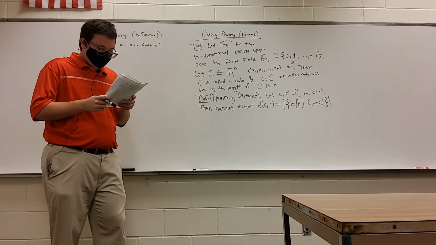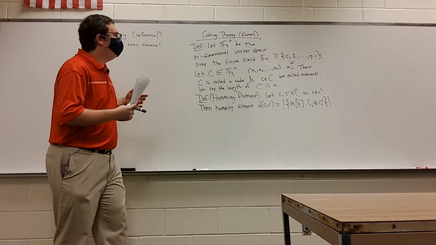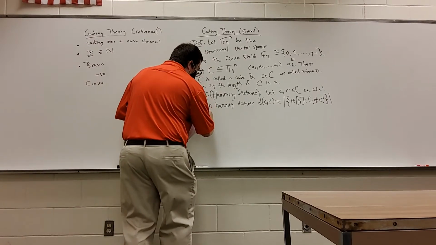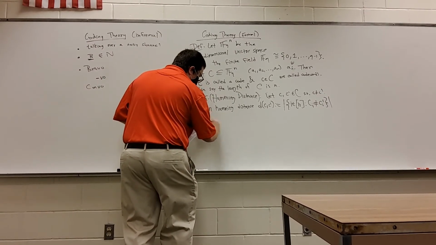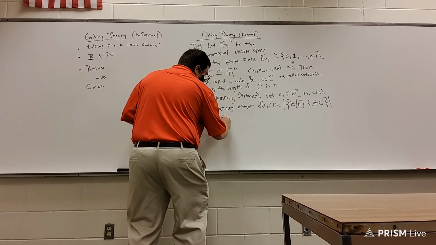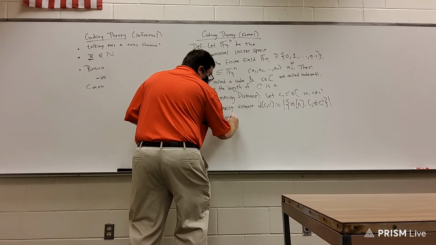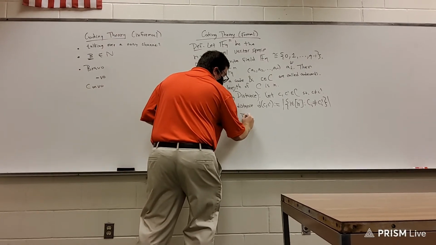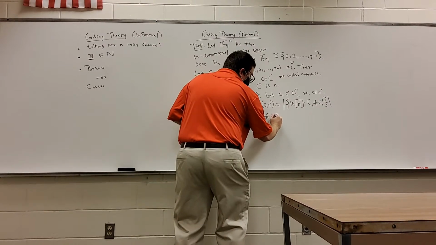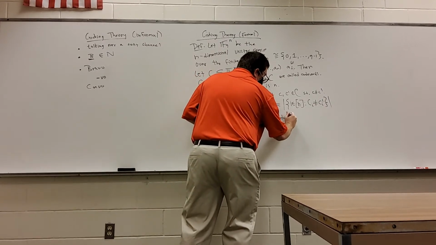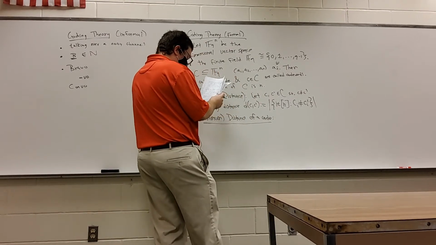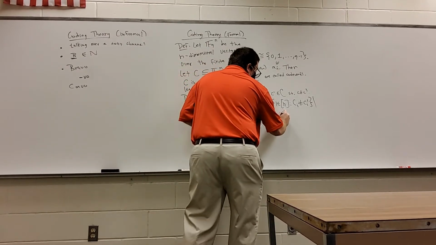So now another definition. The minimum distance of a code, we're going to denote it by d.